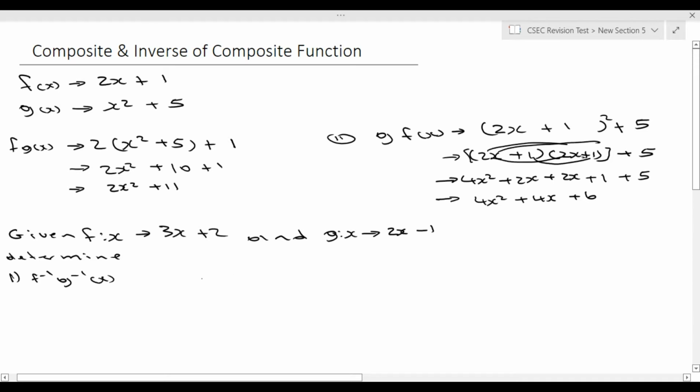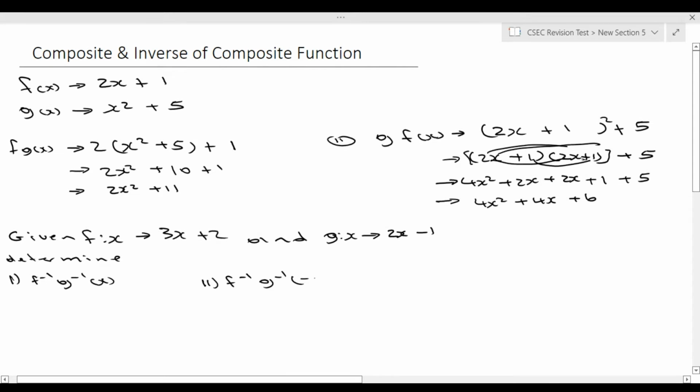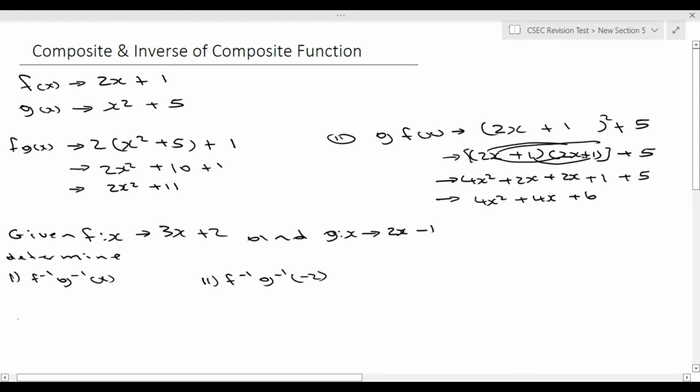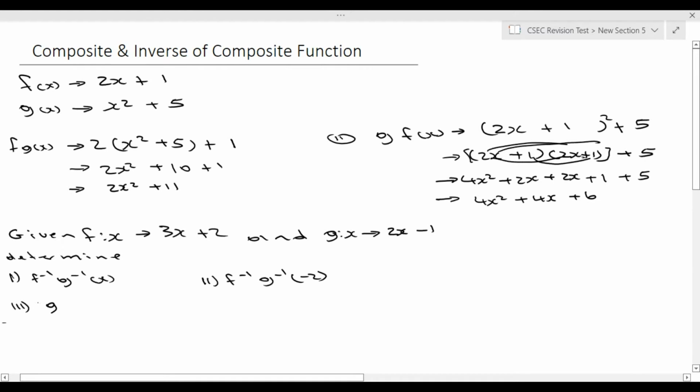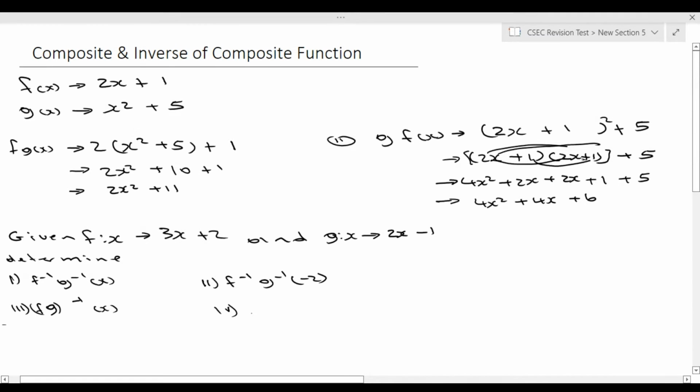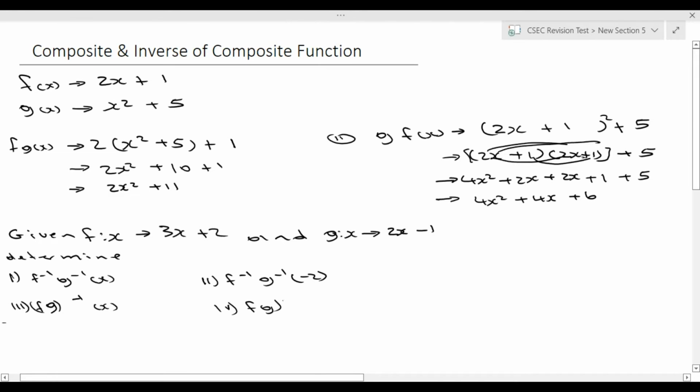We know there is a process to find our f inverse, but we are now going to find a composite form of f inverse and g inverse of x, when our x is equal to negative 2. We're now going to find the composite form of f of g, find the inverse of that as well, f g inverse, when x is equal to negative 2.